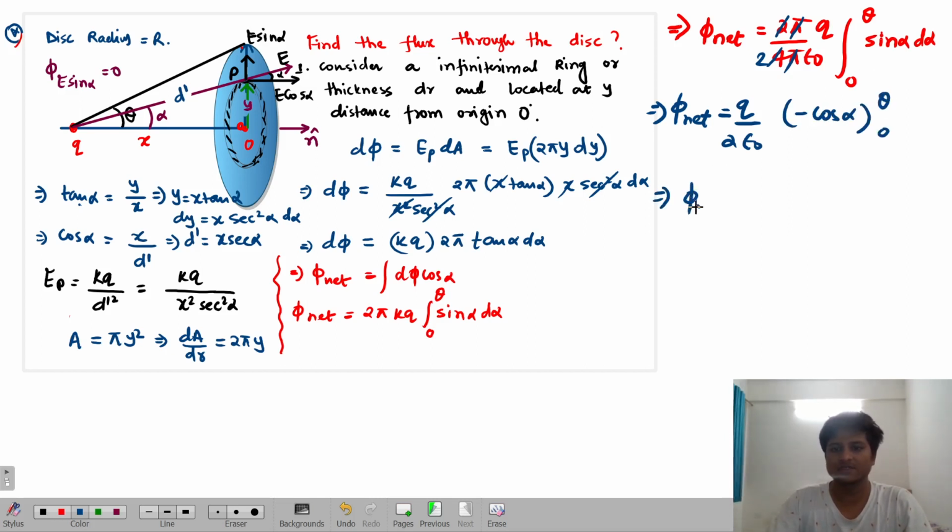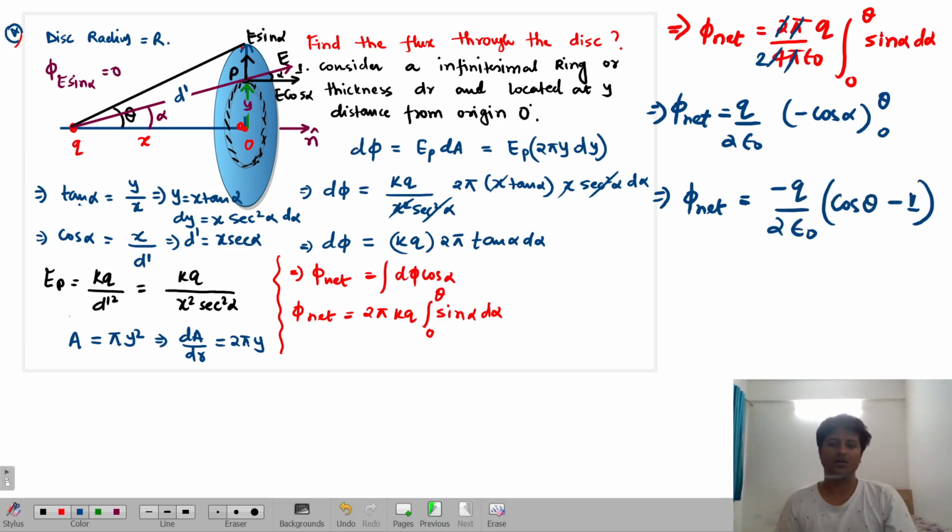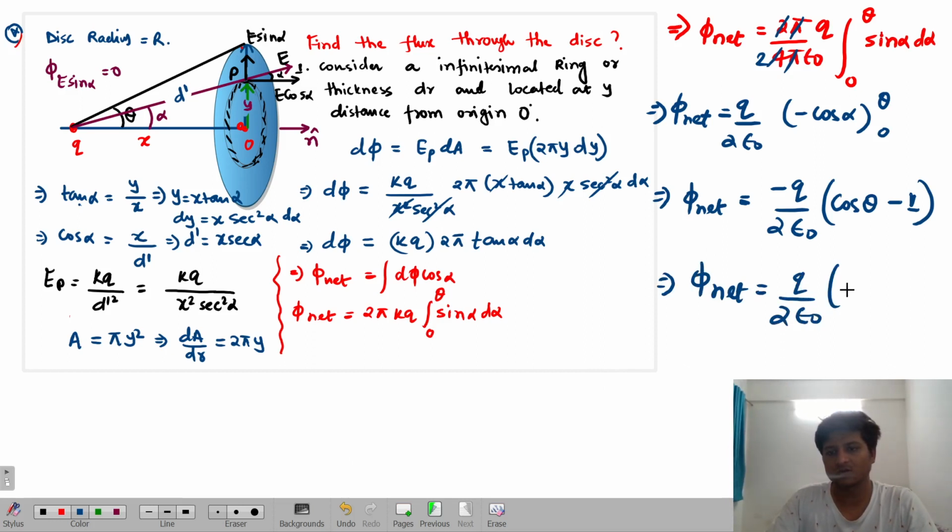So phi net is equal to minus q by 2 epsilon naught, cos theta minus cos 0. So cos 0 is what? 1. Are you able to get me? Did you understand? So in simple terms, phi net is nothing but q by 2 epsilon naught into 1 minus cos theta.